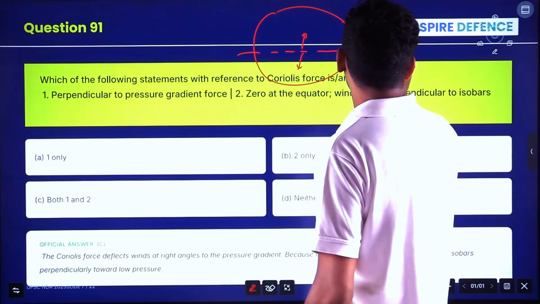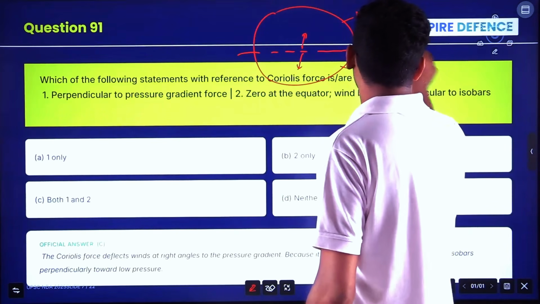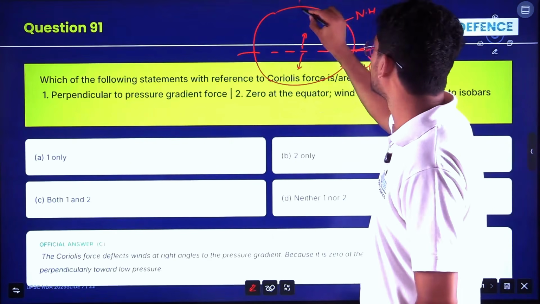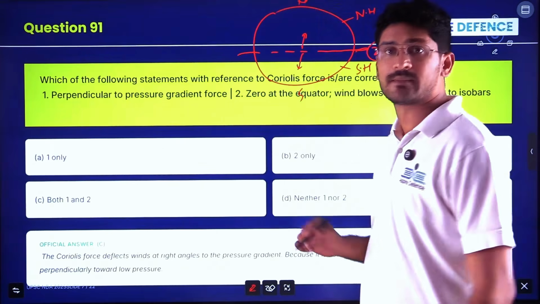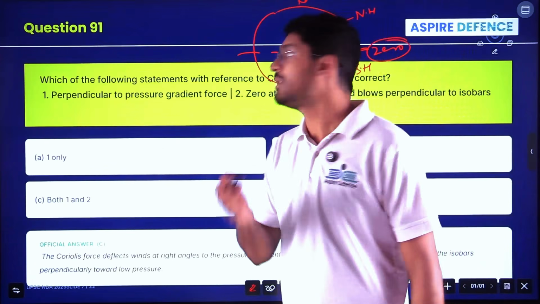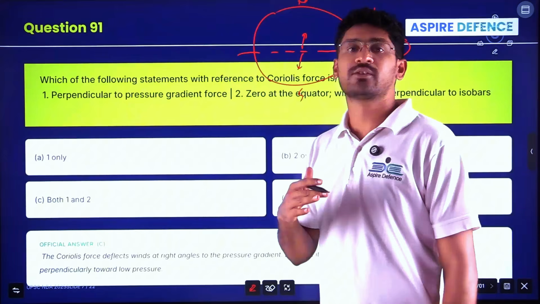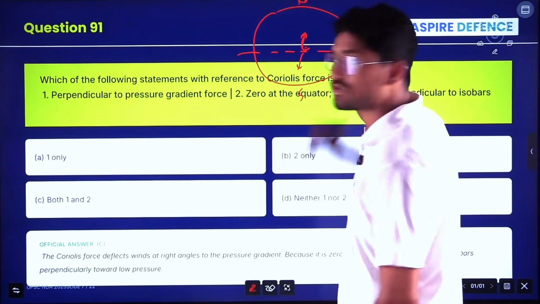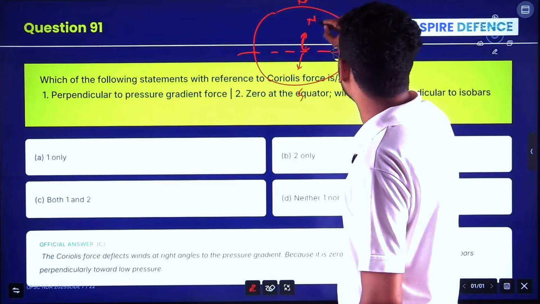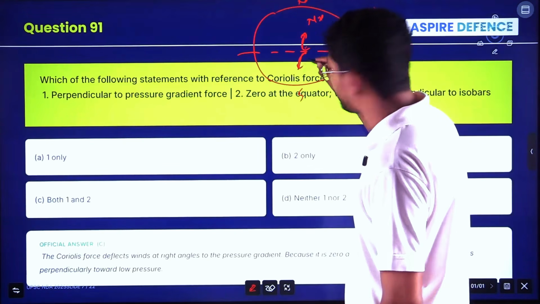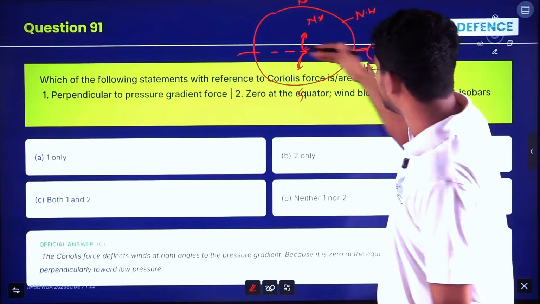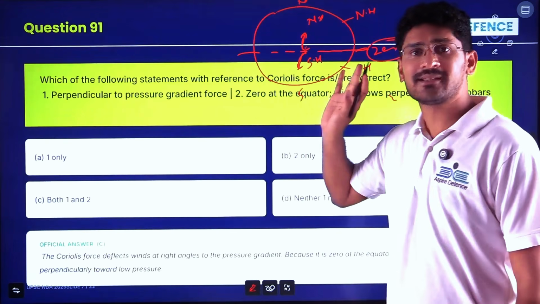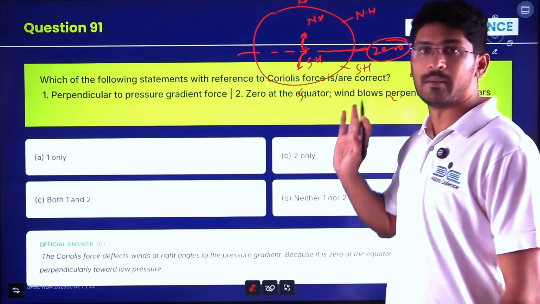Coriolis force is zero at the equator, and as you move away from the equator towards the North Pole or towards the southern hemisphere, Coriolis force also increases. What happens in Coriolis force is it tends to move right in the northern hemisphere and it tends to move left in the southern hemisphere. At the equator, it is zero. This much you have to remember.